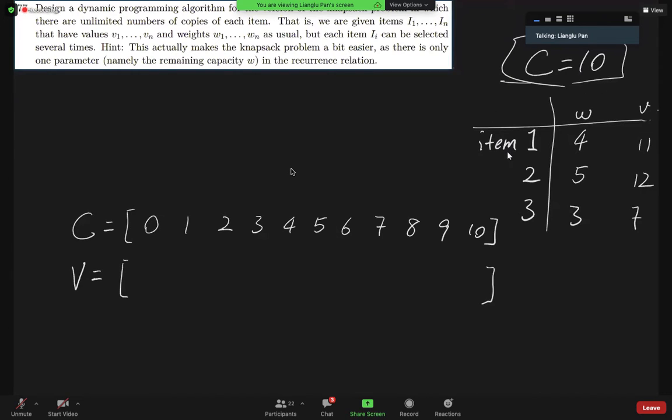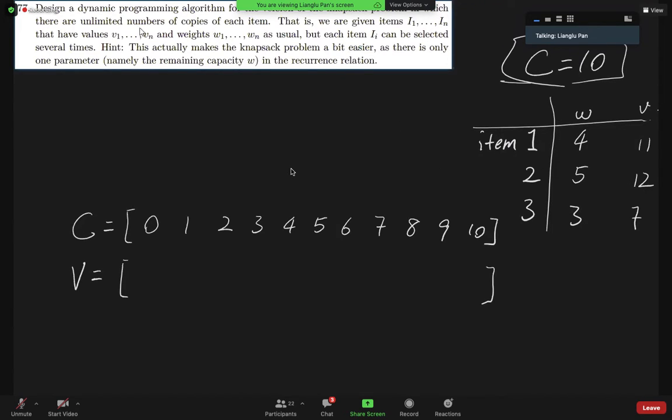For example, if we have 3 different items, item 1, item 2, item 3, we may load item 1 and item 2 once. So we have total weight of 4 plus 5 is 9, smaller than 10, so it's valid. And the total value in this case would be 11 plus 12, giving us 23.